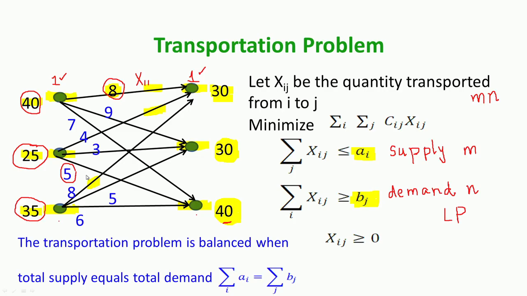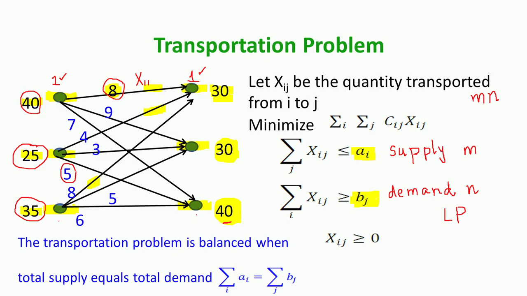This is under the assumption that all the unit transportation costs are non-negative or positive. Therefore, even if the total supply is greater than the total demand, we will not supply more than the demand for an individual demand point.